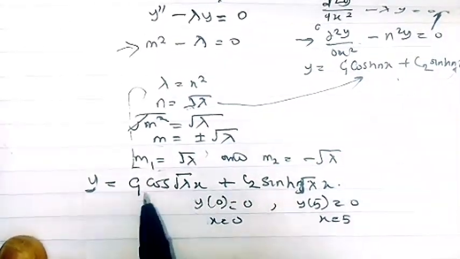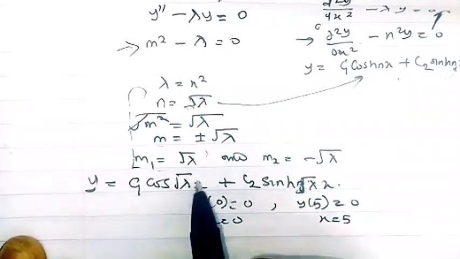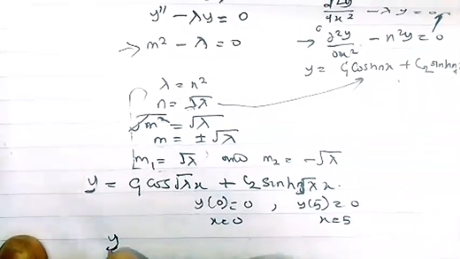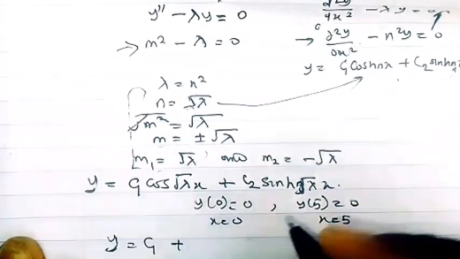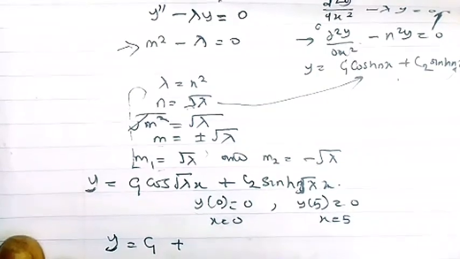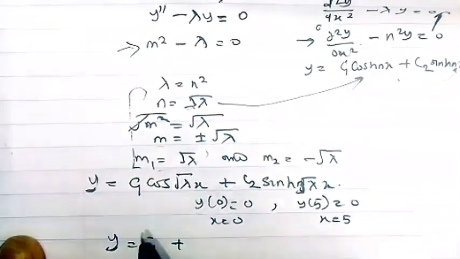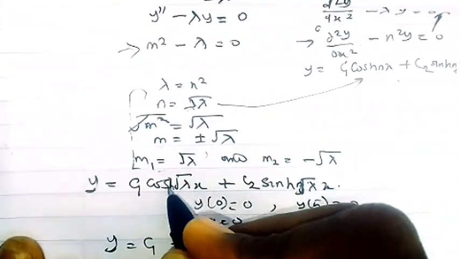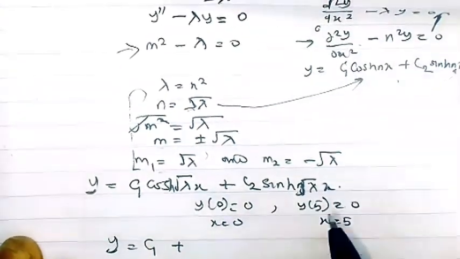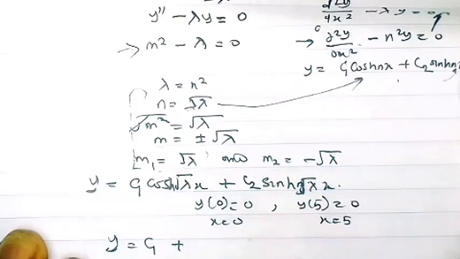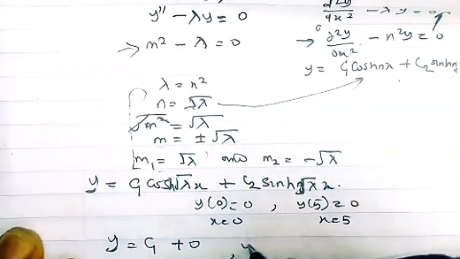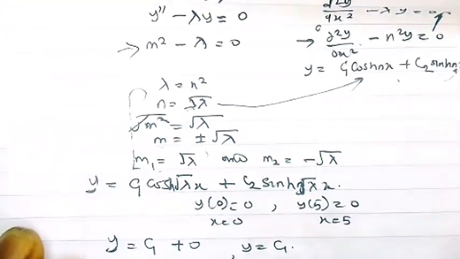When x is equal to 0, all this becomes 0, and this is cos, and remember, cos 0 is 1. When I put it here also, sin 0 is 0, which makes it 0. So my y is equal to c1, right?